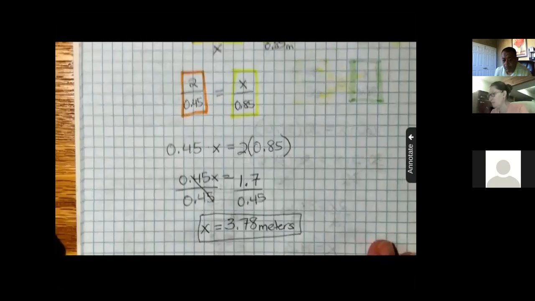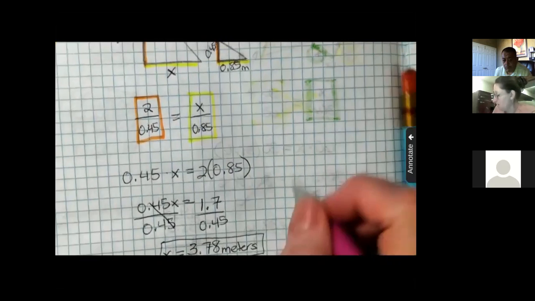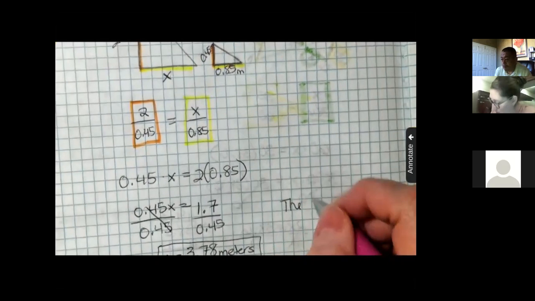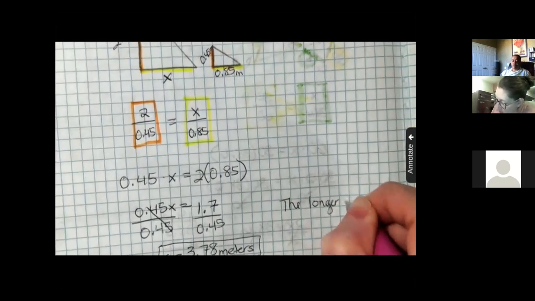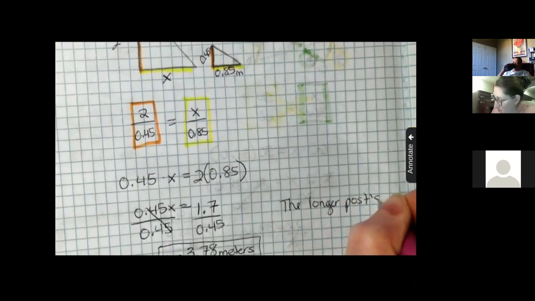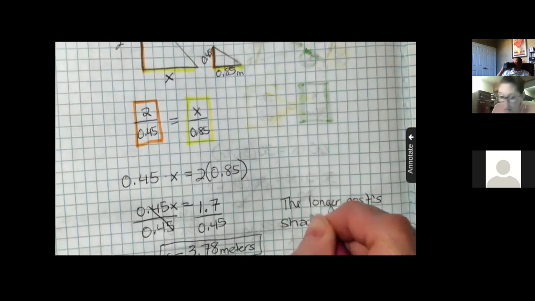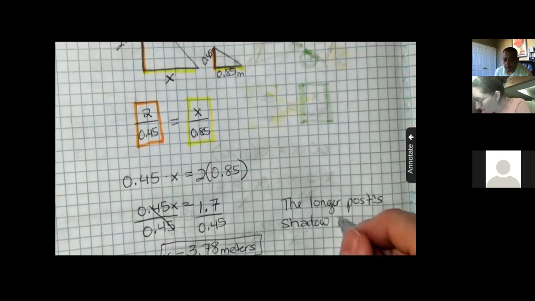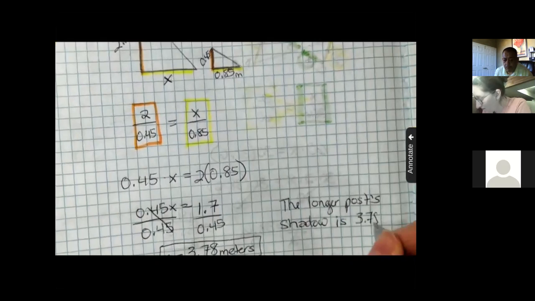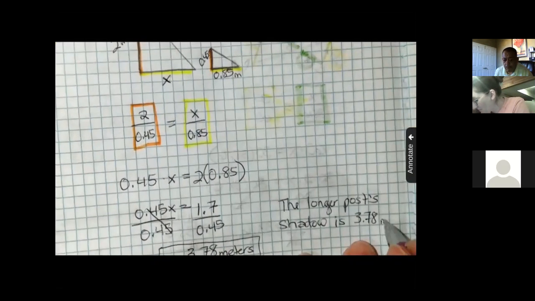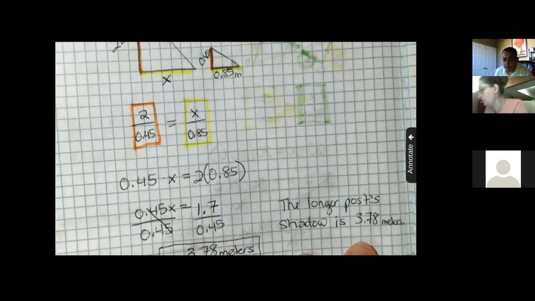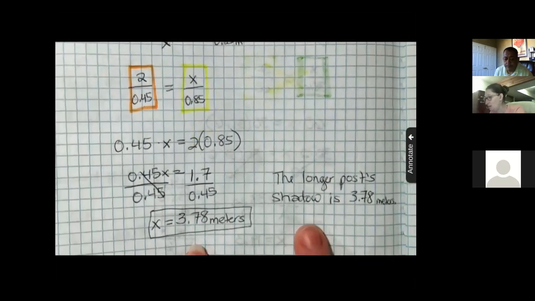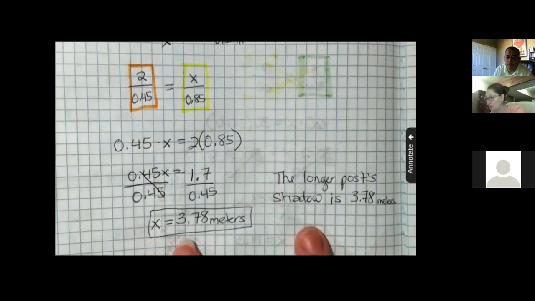So the longer post's shadow is 3.78 meters. And I got that from the question. Now I'm done, because you have to have both. No cheating and thinking, oh, I can just put this. I want to know what that relates to.